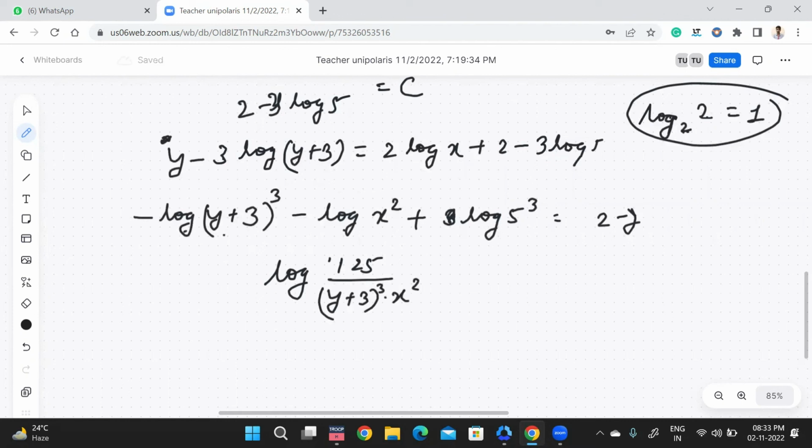These two are the negative ones, so they go in the denominator, and 5 cubed is the positive one, so it is in the numerator, and here we'll get 2 minus y. Now we can shift this log to the right side. When we do that, everything on the right-hand side becomes the exponent. So we get 125. But I can see 125 is not in the answer.